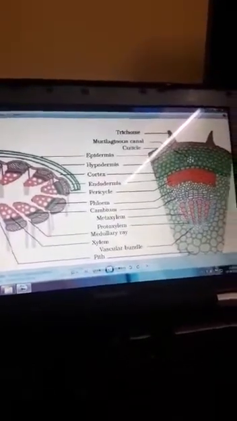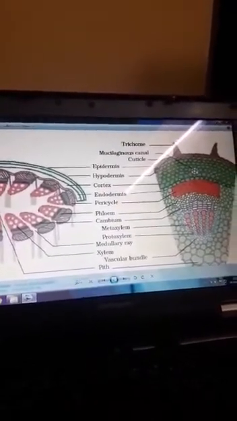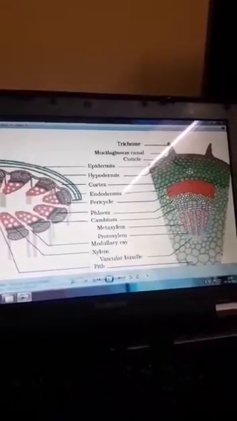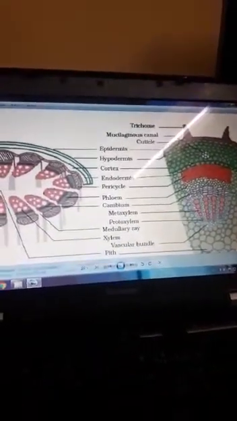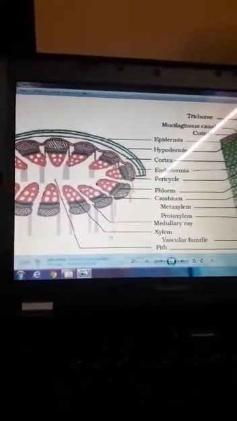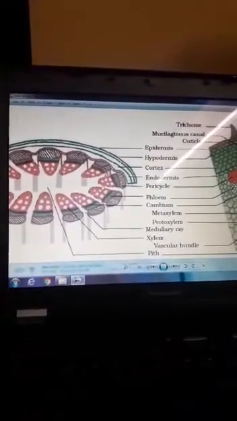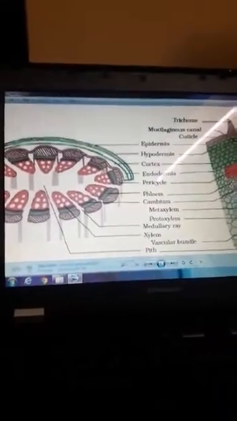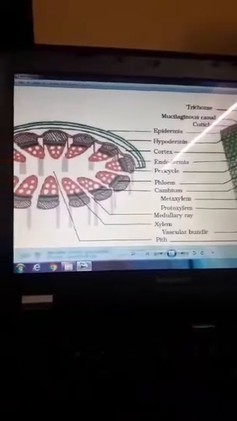Xylem, as I told you already, is meant for the transport of water and minerals, whereas phloem is meant for the translocation of food. And this is not only in one part, it is throughout. This is a cross section, and down here is a longitudinal view. From top to bottom the plant is connected through vascular bundles, and that's why the plant gets food, water and minerals across all its parts. Now I'll show you another one.